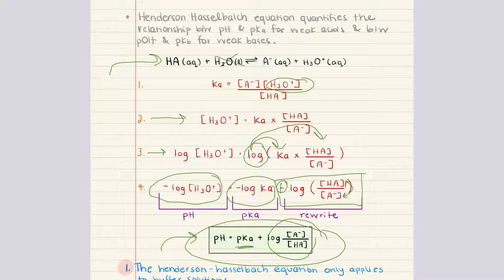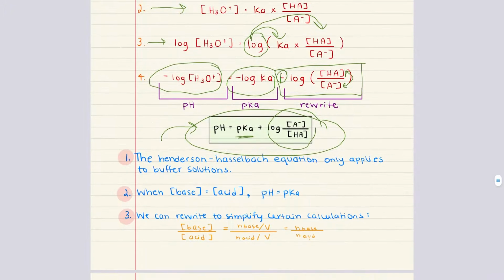A critical feature of this equation is that when the concentrations of the acid and base are equal, then this ratio we see right here is going to be equal to 1. And the logarithm of 1 is 0. So the pH at this point is going to be equal to the pKa.